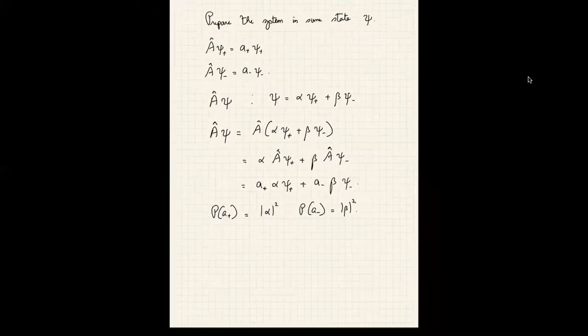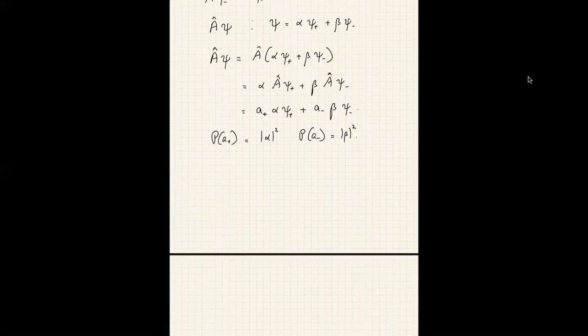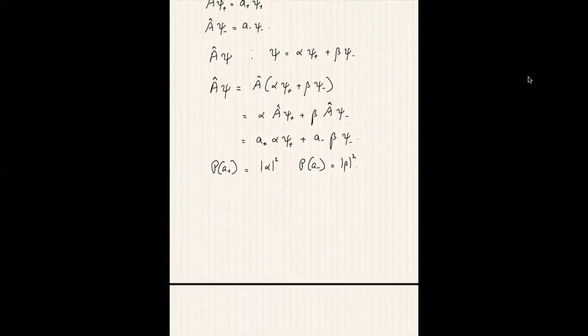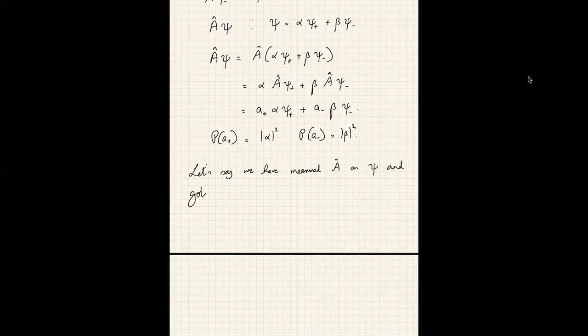Okay, so now let us proceed and ask a slightly different question. Let us say that we have prepared the system in some state psi and we have measured A on psi and gotten the value A plus.